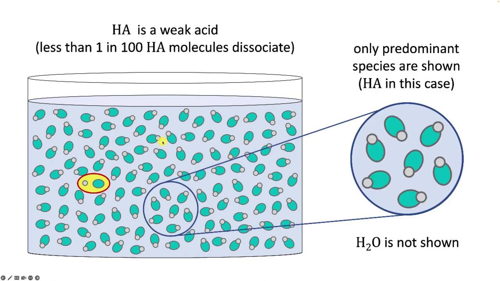If we were to look at a small piece of this solution, we'd largely see, maybe only see, undissociated HA molecules. And so for most of the representations, we'll be just showing the predominant species, the things that are in high concentration. In this case, it's HA. We also won't be showing water, which is sort of depicted by this light blue background.